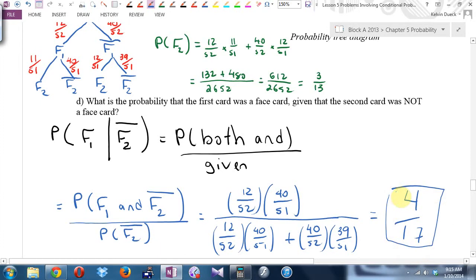Get that? Yep. I'm getting 4 out of 17. How many of you got that okay? How many of you would like me to explain where the numbers come from? I don't mind doing that if you need me to.